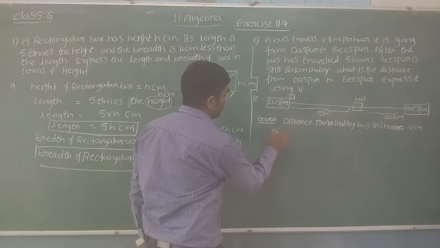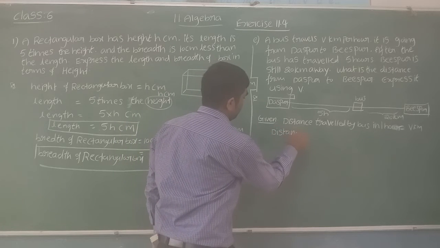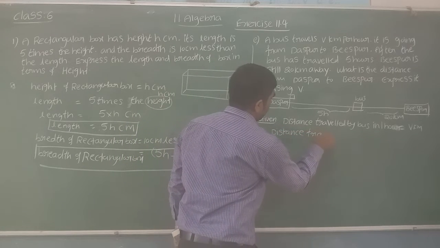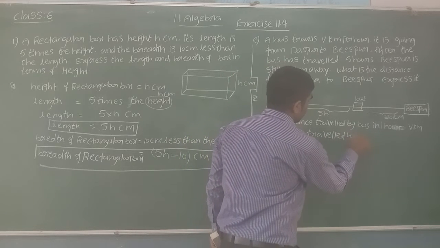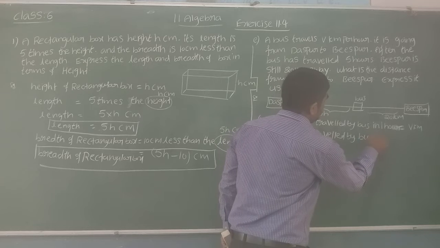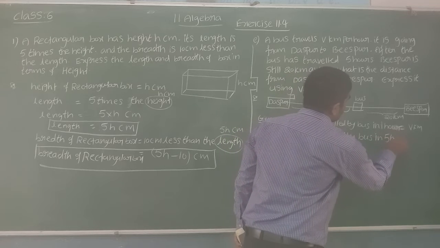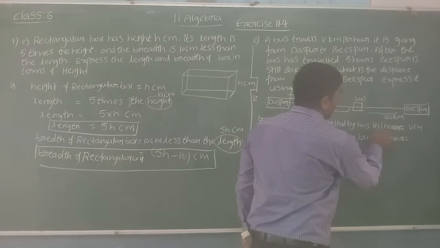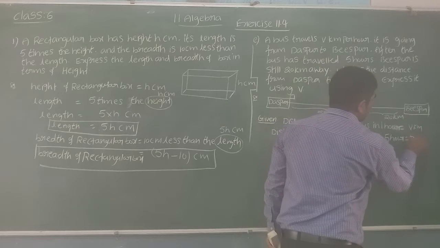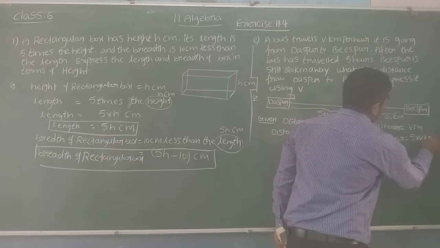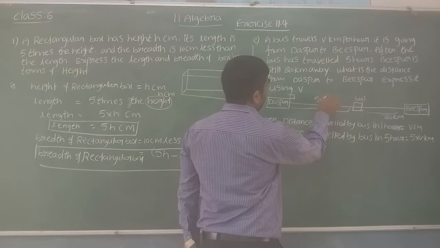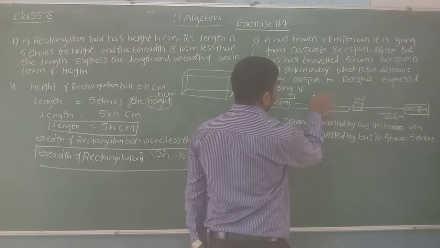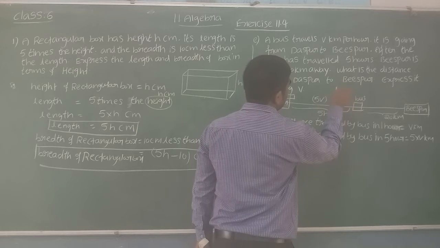Now I can write: distance traveled by the bus in 5 hours is equal to. 1 hour V kilometers, 5 hours 5 into V kilometers. So the distance is 5 into V, we can write 5V kilometers.